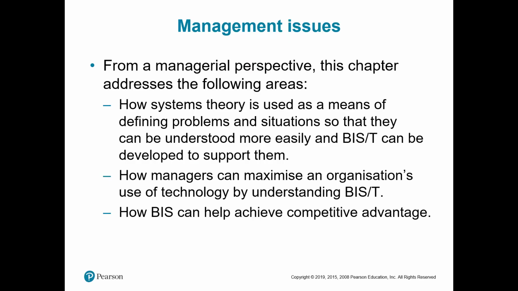All right. Then, how managers can maximize an organization's use of what? Technology, by understanding business information systems or business information technology. How can we maximize our organization's use of technology? Through understanding of what? Business information systems or business information technology. Then, how business information systems or business information technology can help achieve competitive advantage.